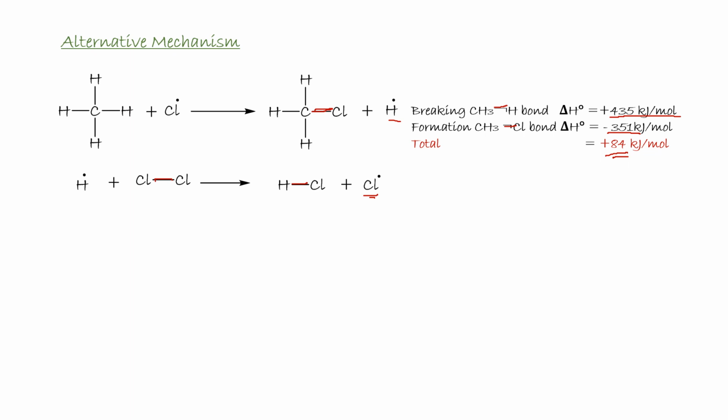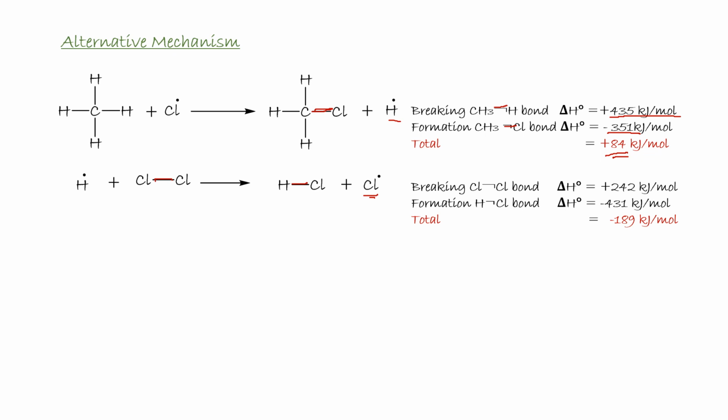Remember, in the previous mechanism, the first step needed only 4 kilojoule, here it needs more, 84 kilojoule. Even though the second step is more exothermic, the total, of course, should be the same value, minus 105.